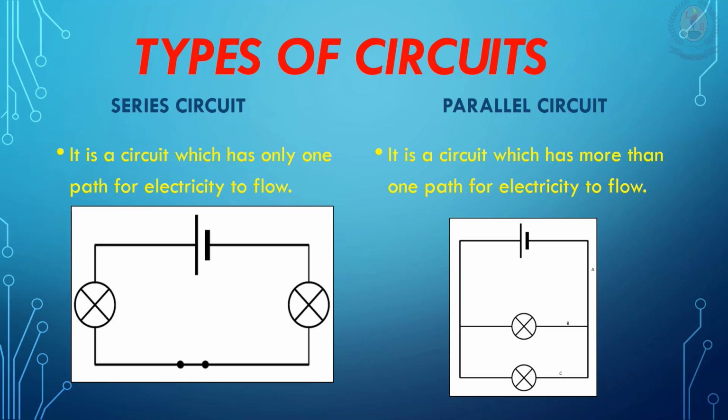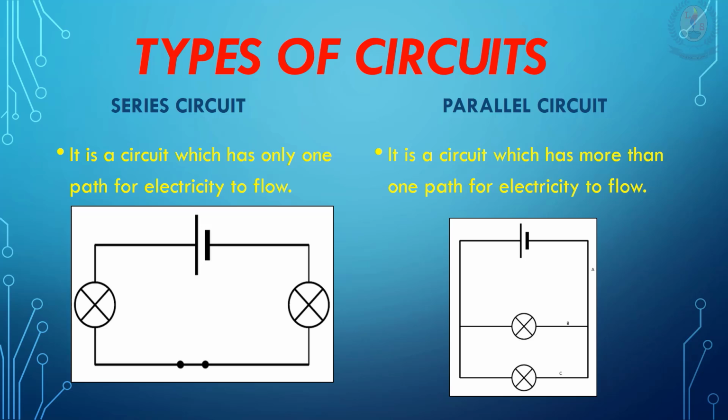You can see the components are connected one after another in this circuit. So, there is only one path for electricity to flow. This type of circuit is called a series circuit. It is a circuit which has only one path for electricity to flow.